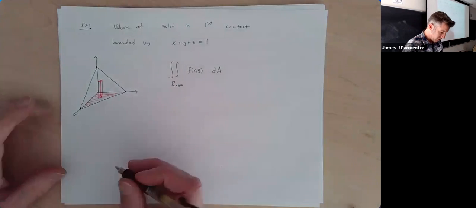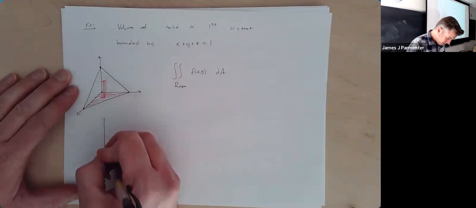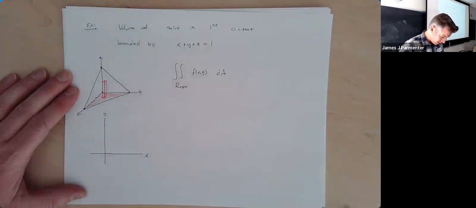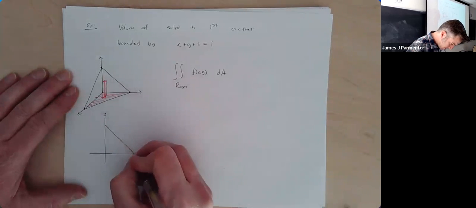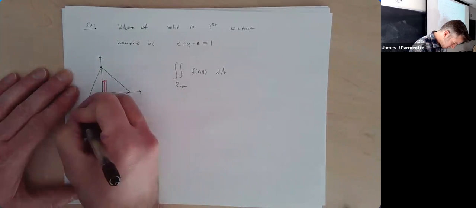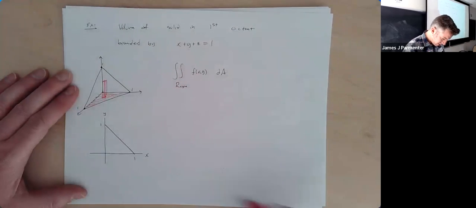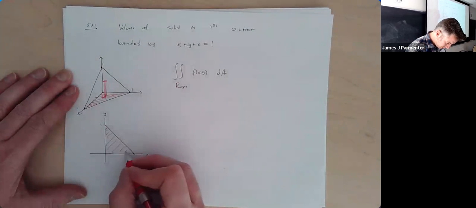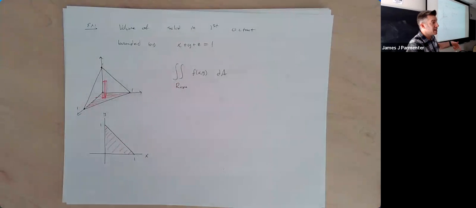So then typically what we want to do is take that region and draw it in the xy plane so that we know what it looks like. So there's my same region. And I'm going to describe this the way we did for the previous two problems.